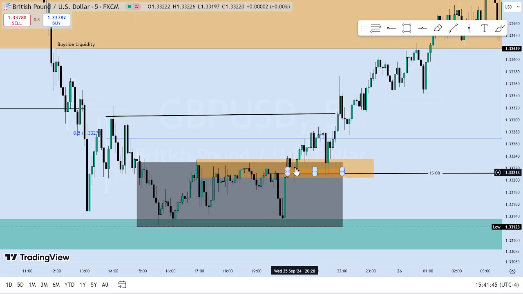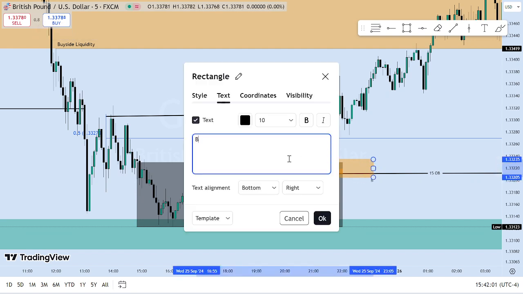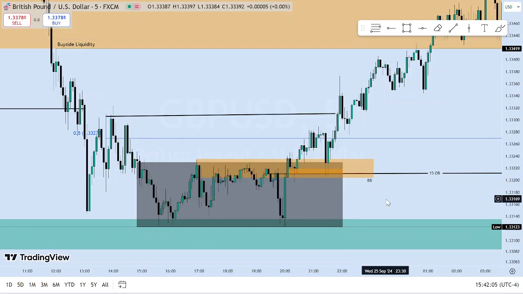Now you might think price is coming down, but wait for it to close. You see the body close at the top, it did not close outside the breaker. Same thing with this. Here turns our breaker, breaker block. That's the BB, breaker block.